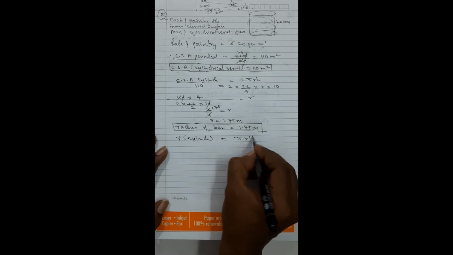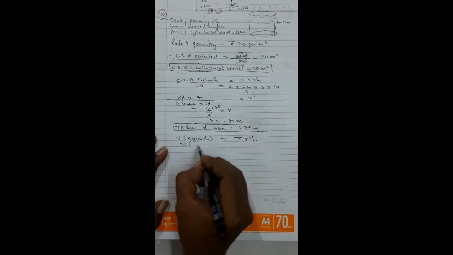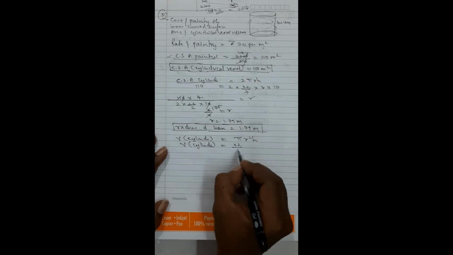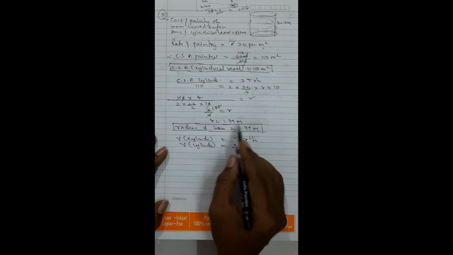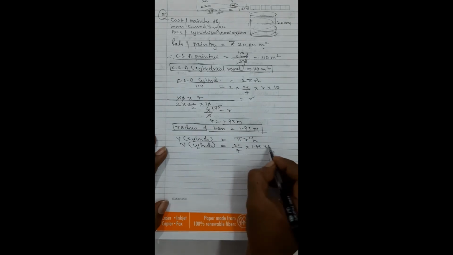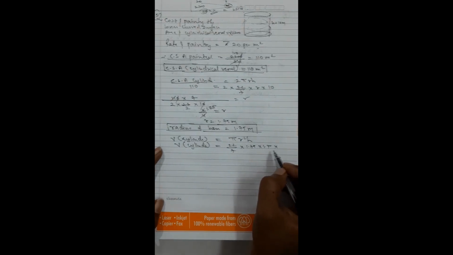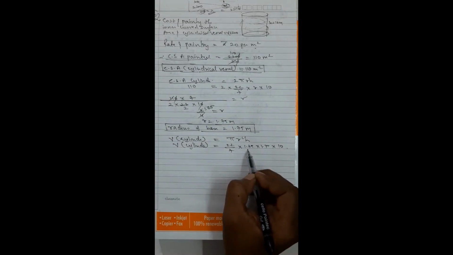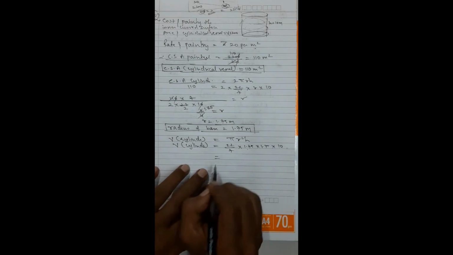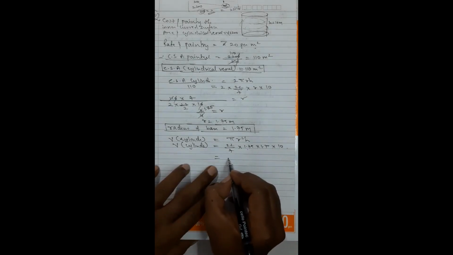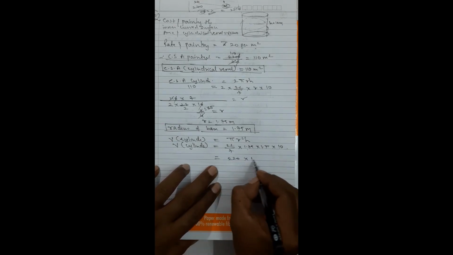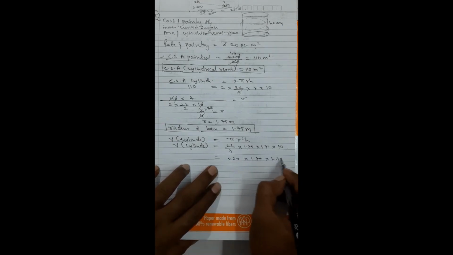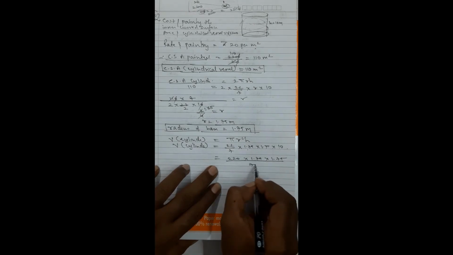Volume of cylinder is equal to pi r square h. Therefore, volume of 22 upon 7, R is 1.75 into 1.75 into H is 10. So, 7 to the 14, 15, 16, yes, this is going to divide. I can use that 220 into 1.75 into 1.75 upon 7.